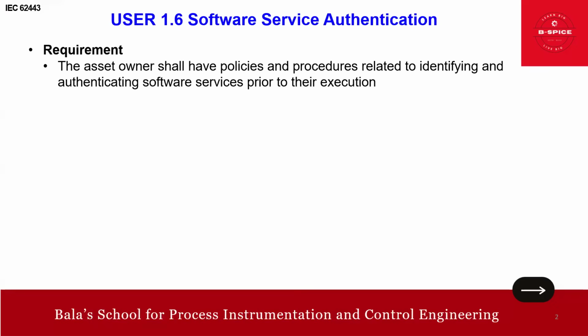So what is the requirement for this? Basically, friends, the asset owner shall have a policy and procedure related to identifying and authenticating the software services prior to the execution. That is why it is important. This is listed as user 1.6.